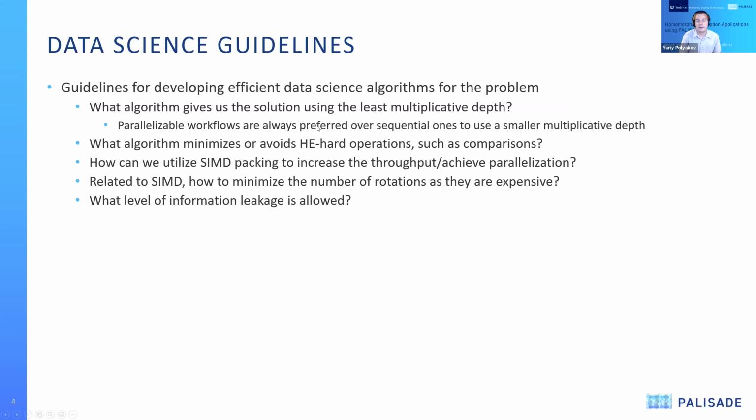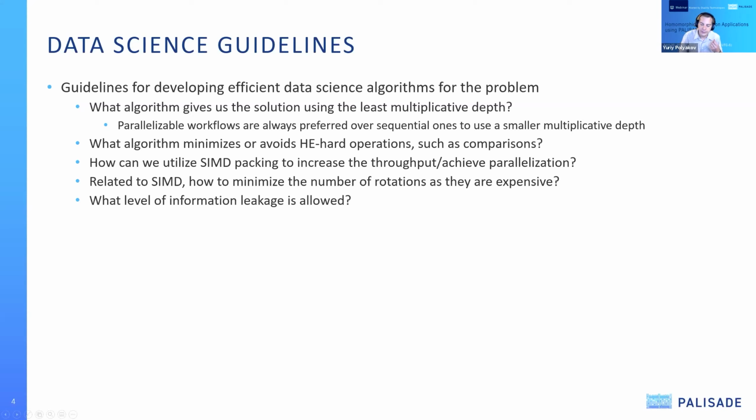Typically, parallelizable workflows are preferred over sequential ones, because if something is parallelizable, you can use a smaller depth and some redundancy. And when one deals with sequential approaches, when you have to do a lot of computations in a series, that means most likely the depth will be large, and the efficiency and, for instance, the runtime of this computation will be significantly longer. So this is a major design exercise one has to go through.